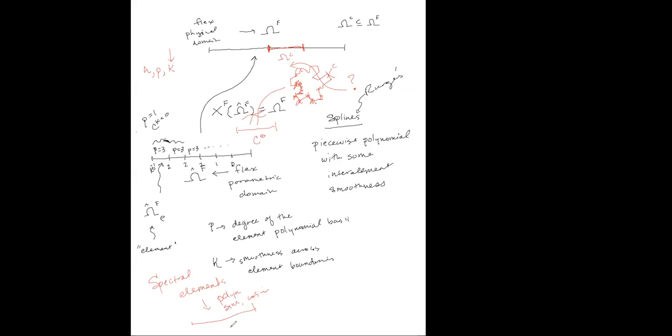If you've got a spline basis that's positive and satisfies a partition of unity, it'll satisfy what's called affine covariance.